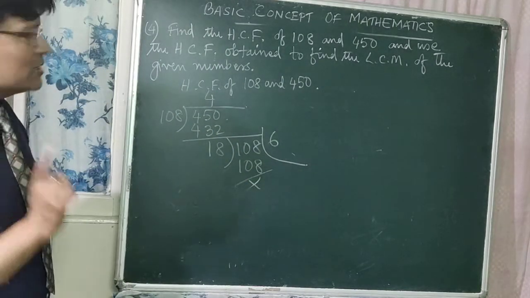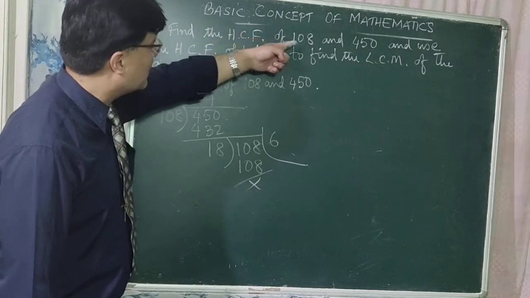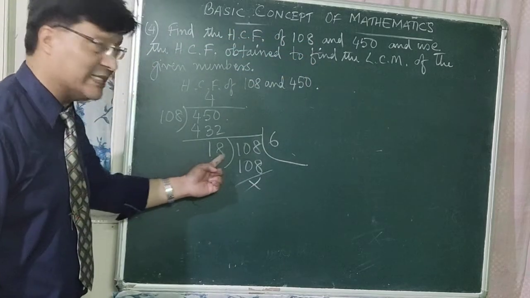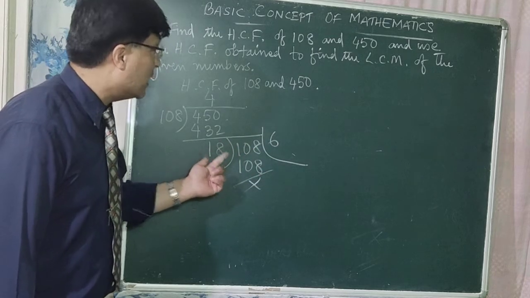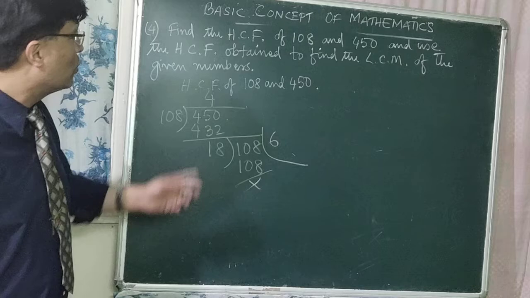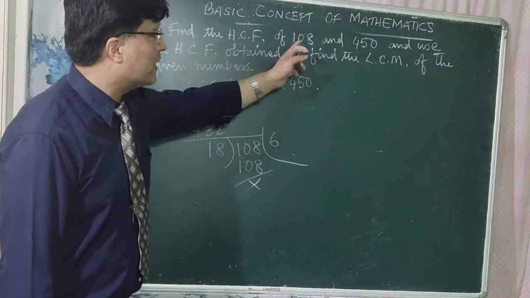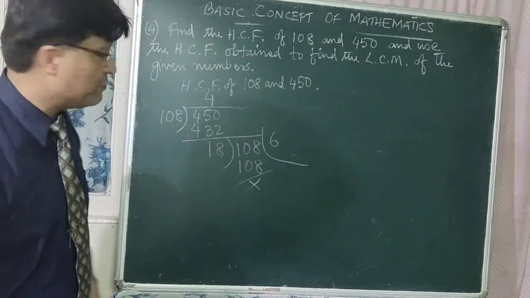So what is the HCF of 108 and 450? This is 18, not 6. It should be 18. This is the highest common factor, which will divide both 108 as well as 450.